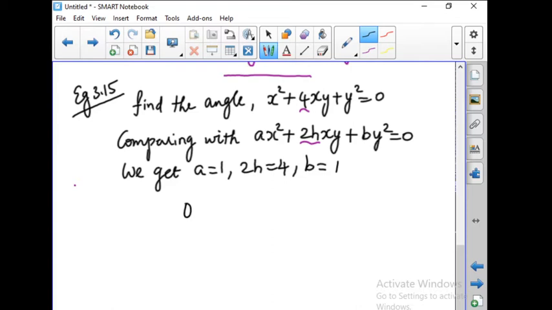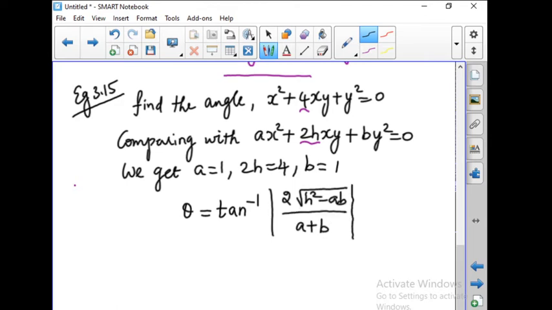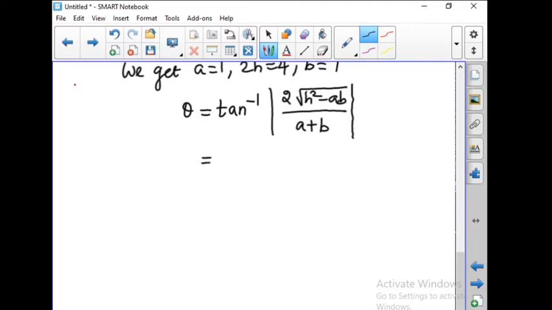Let theta be the angle between these straight lines. So theta is equal to tan inverse of modulus of 2 into root of h square minus ab divided by a plus b. So what will be the answer? Tan inverse of 2 into root of h square. 2h is equal to 4.